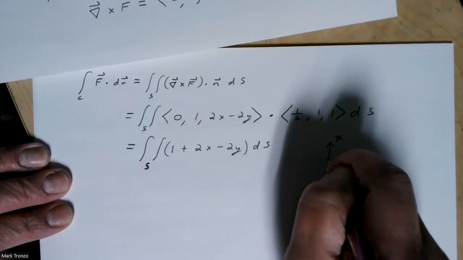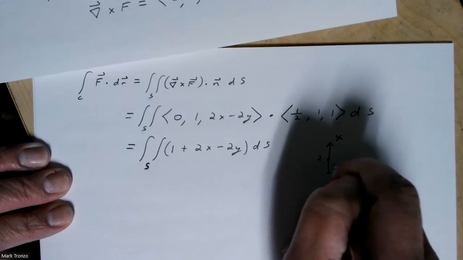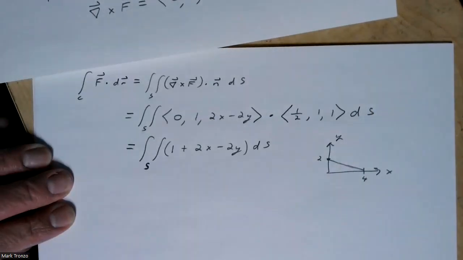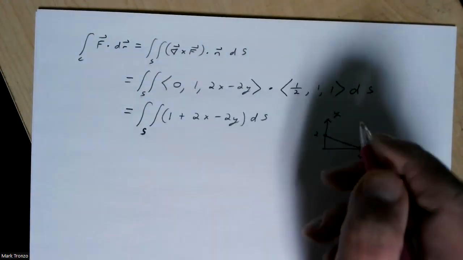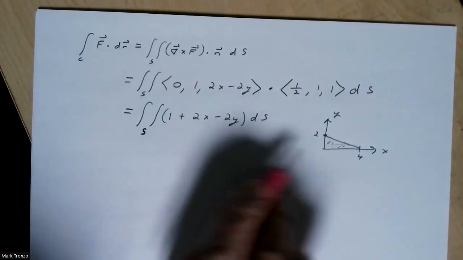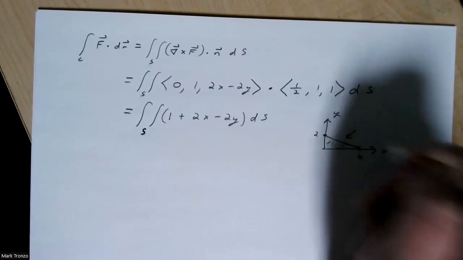So it's 2 over here, 4 over here. Draw that like that. That's going to end up being our domain when we integrate this over this area.